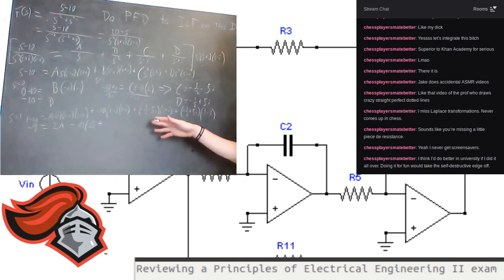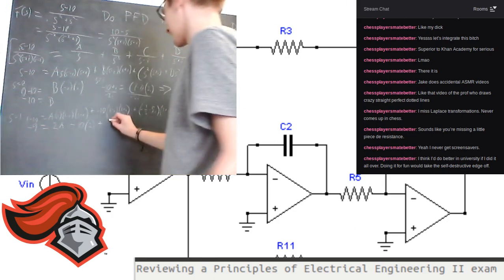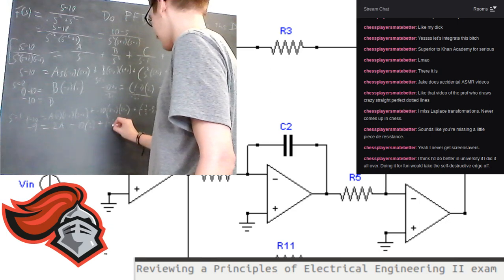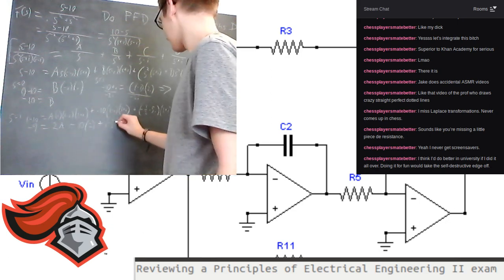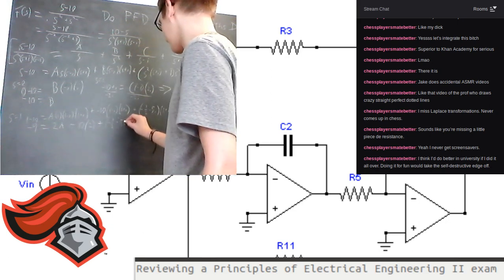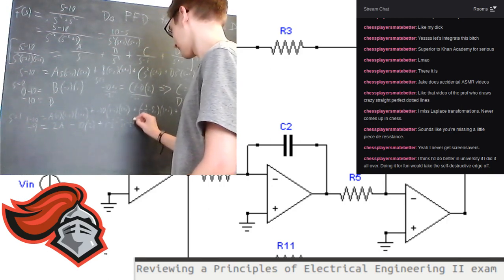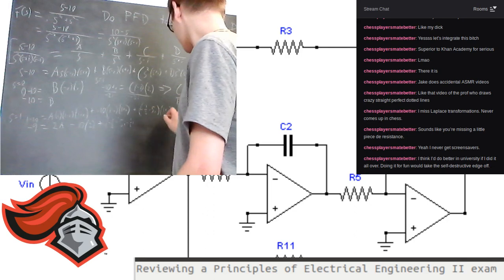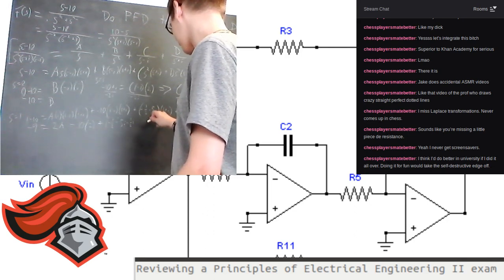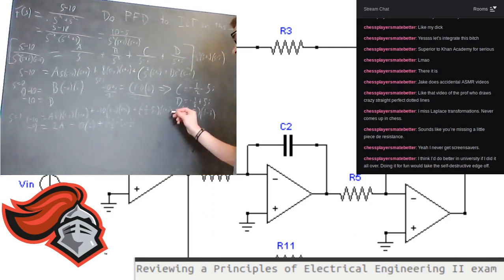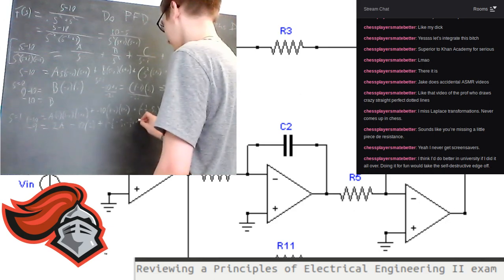We have, we'll just write it out, -1/2 minus 5i minus 1/2 i. It should be minus 5i squared, but that's plus 5.